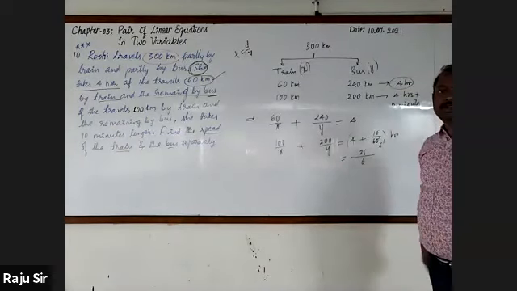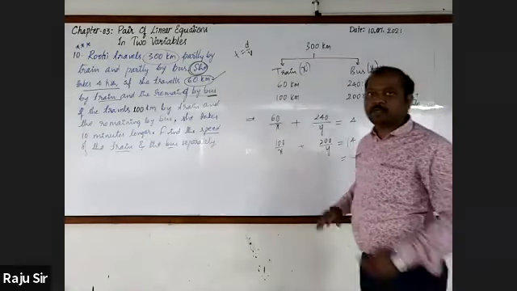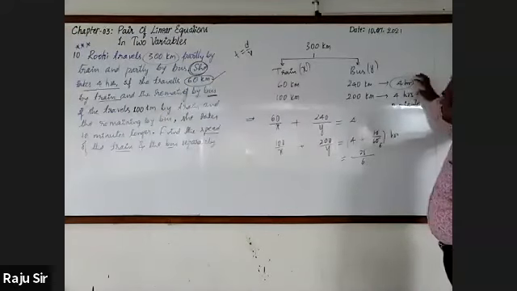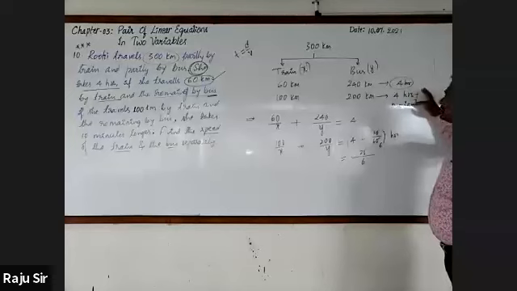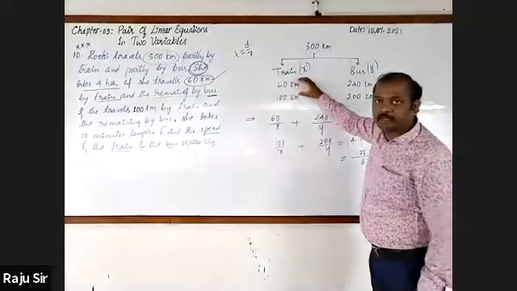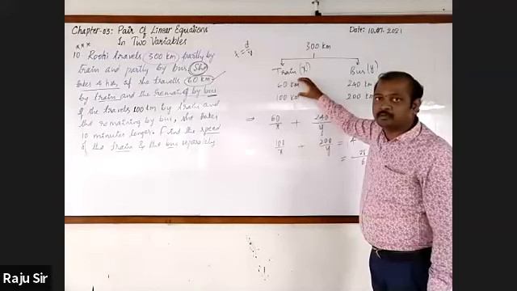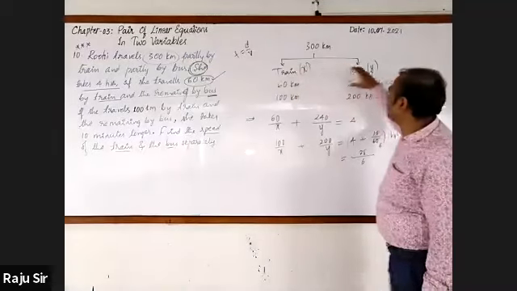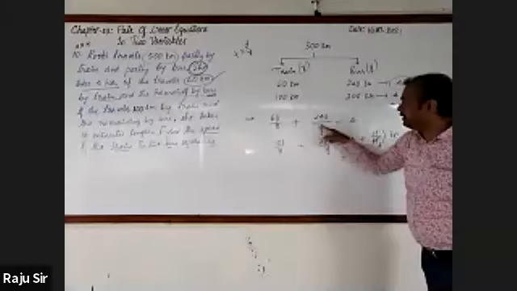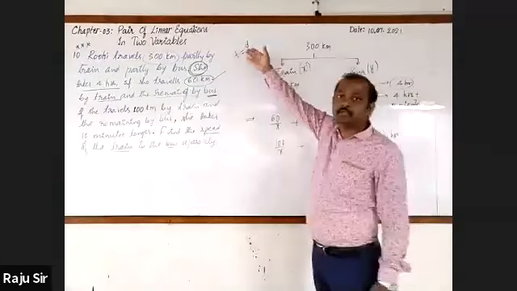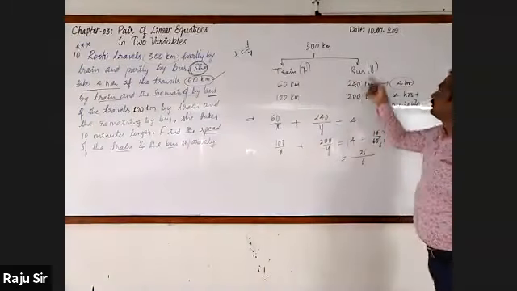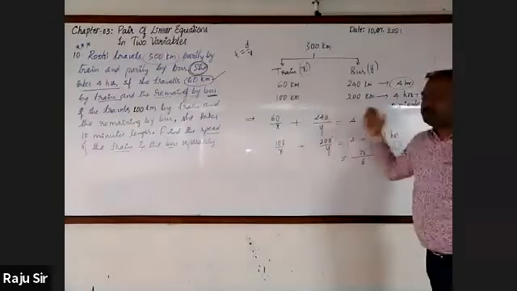That is more than the first situation. We have to frame the equation. In both the cases, total time taken to cover the distance has been given, 4 hours and 4 hours plus 10 minutes. Hence, we will go for finding time taken by the train to cover 60 kilometers and time taken by the bus to cover 240 kilometers. That will be found. Formula T is equal to D by V. Here distance is 60 kilometers and speed is x. Here distance is 240, speed is y. Similarly for second situation as well.